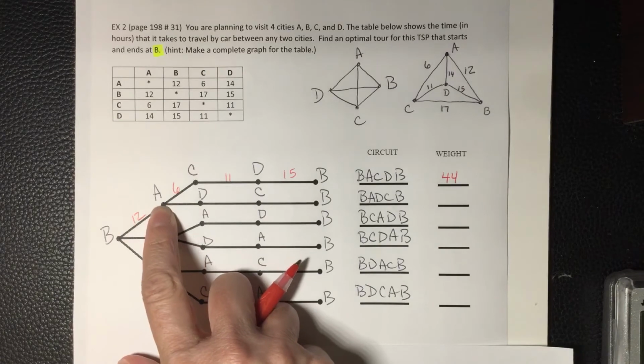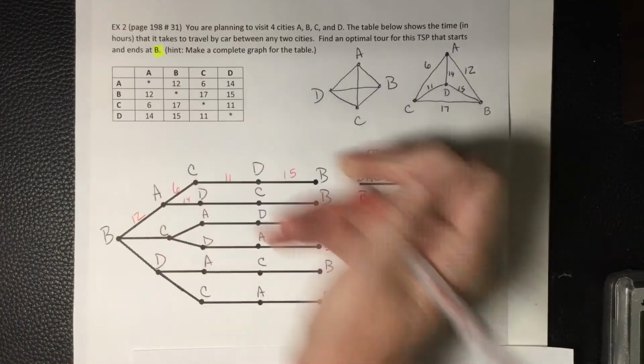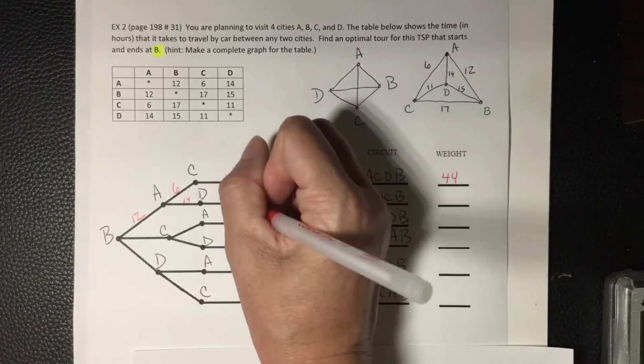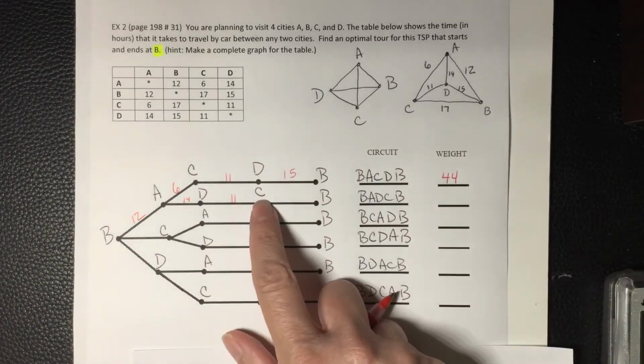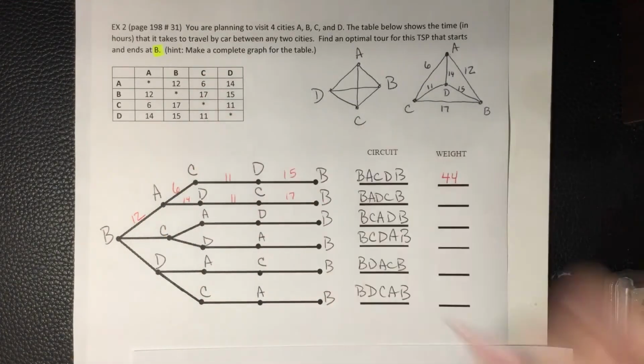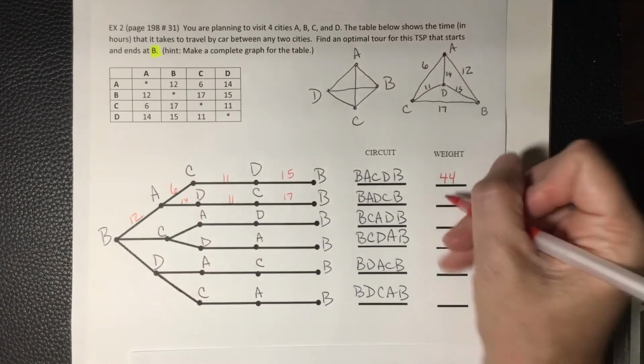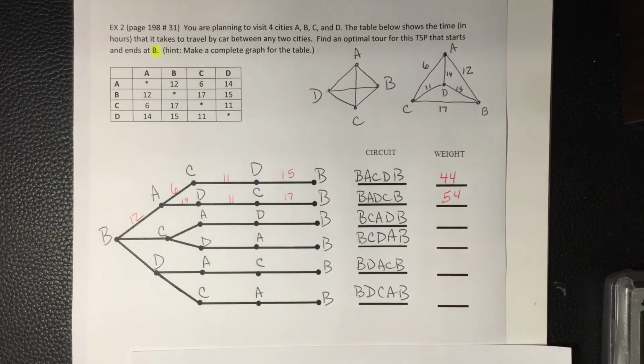Tracing the second line, I already have the 12, so A to D is going to be 14. D to C is going to be 11. C to B, I find that on the table, that's going to be 17. So I have 12, 14, 11, and 17, and that gives me a weight of 54.